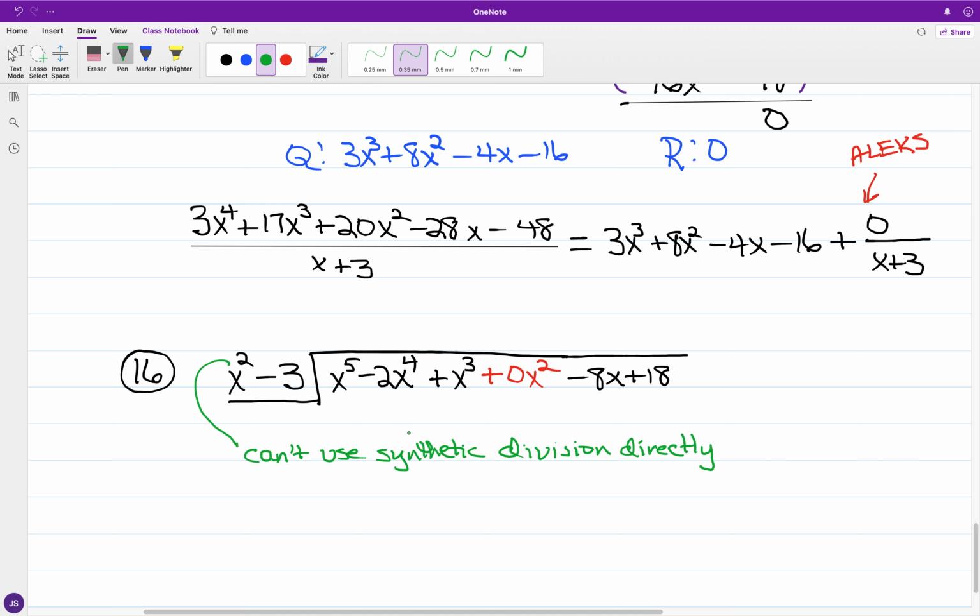And the reason for this is the divisor must be x minus c, where x is of first degree.